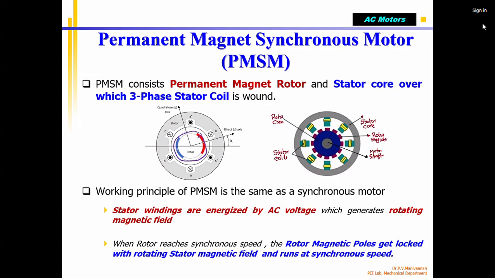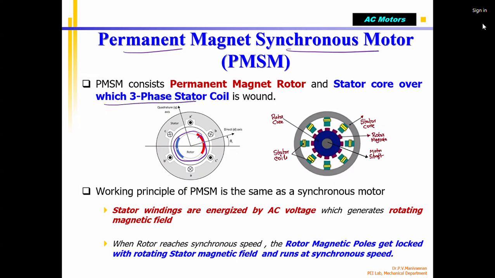Another thing, you don't need slip rings. Slip ring means additional mechanical parts. Slip rings will be worn out after 1 or 2 years, depending upon usage. If you use the motor continuously, there is wear and tear from the brush rubbing on the slip ring, which touches the supply. So the slip ring has to be changed every 1 or 2 years, and it costs maintenance downtime.